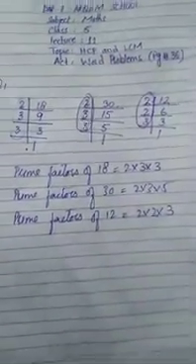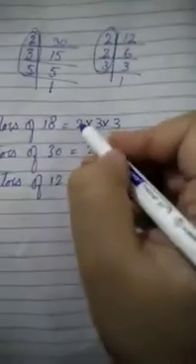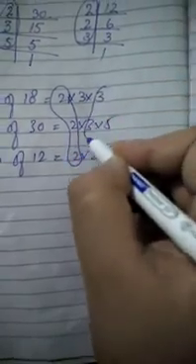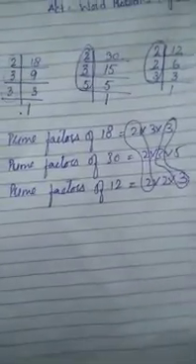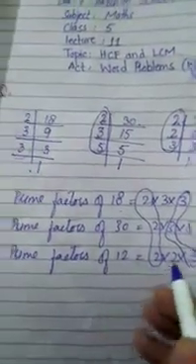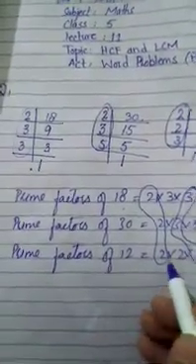As you see, 2 is a common prime factor of all the 3 numbers, and again 3 is a common prime factor, so I am circling them. Now you have to take the common prime factors and multiply them, that is 2 and 3.